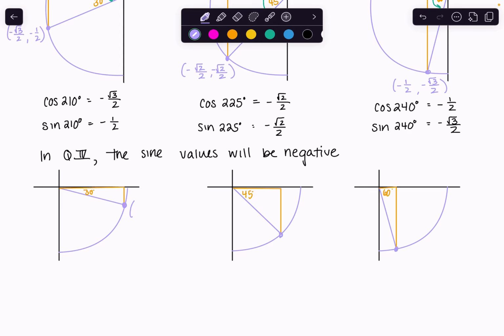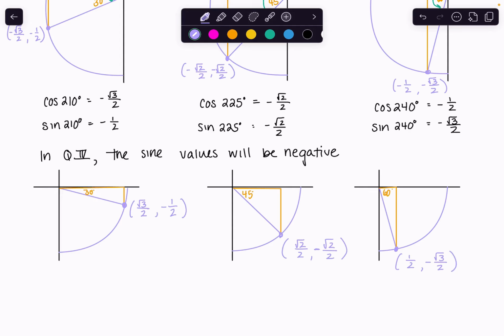So again, my x is now positive, so a 30-degree reference angle gives you cosine being root 3 over 2. Sine would be a half, and since it's in quadrant 4, sine is negative. At this point, 45-degree reference angle is they're both root 2 over 2, but your y value is negative here. And then dealing with 60, your cosine is a half, your sine is root 3 over 2, and then that one will be negative.